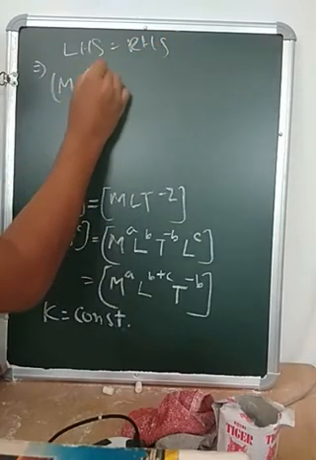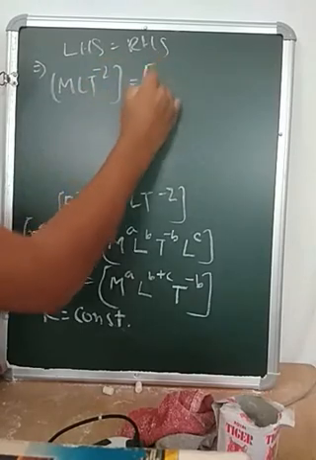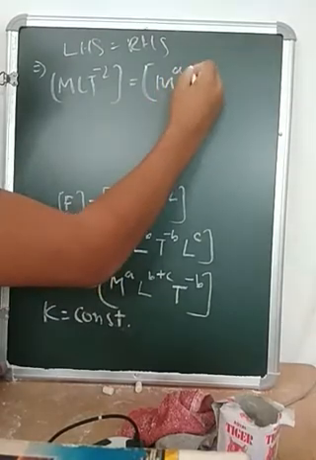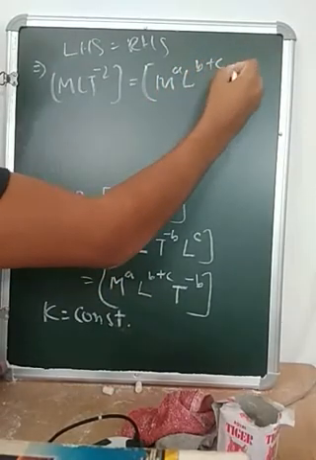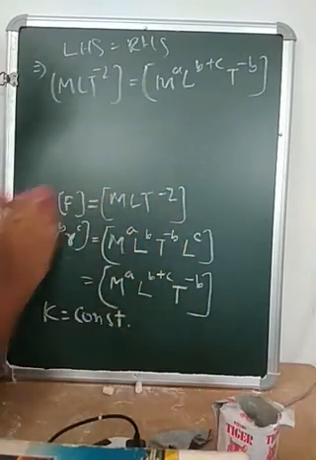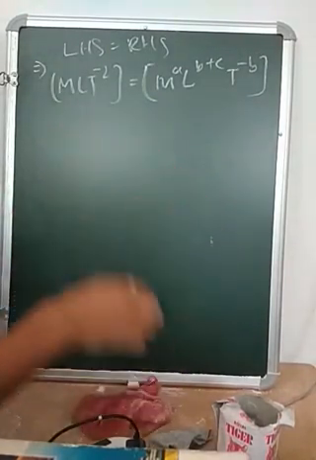M L T to the power minus 2 is equal to, finally what we get, M to the power a, L to the power b plus c, T to the power minus b.